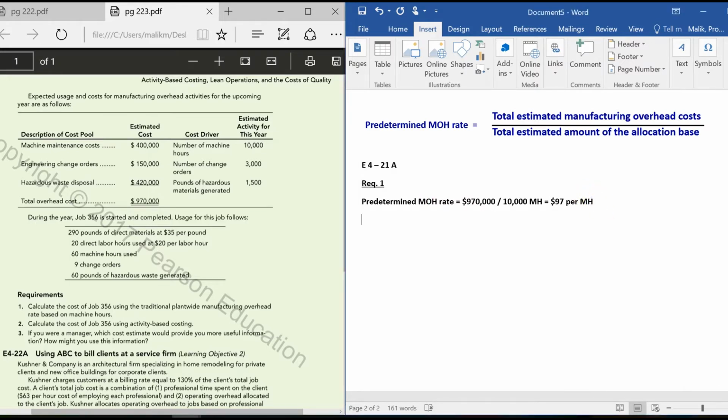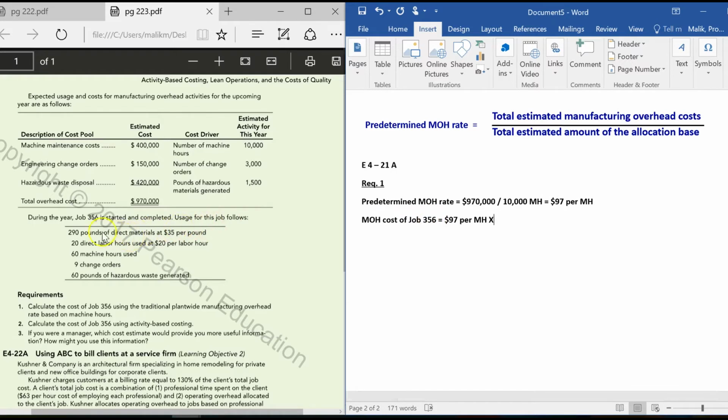So for this job, manufacturing overhead cost of job 356 will be this predetermined rate, which we just calculated, $97 per machine hour, multiplied by the actual amount of machine hours that the company used for this specific job.